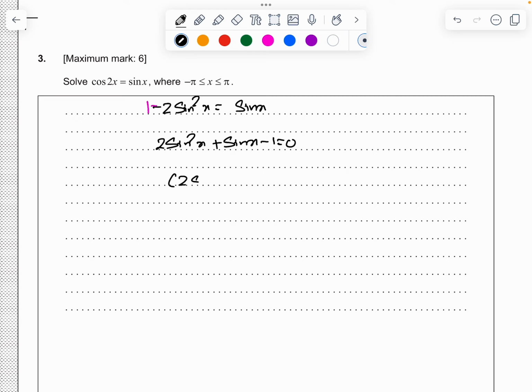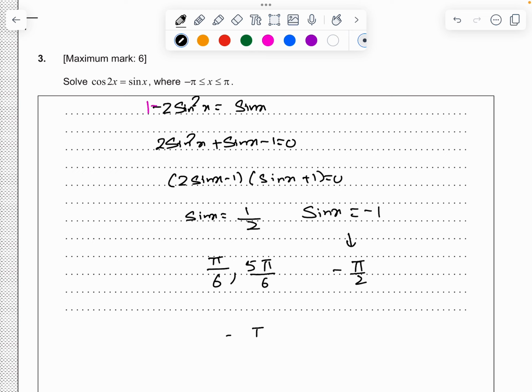Then factorize it out. (2 sin x - 1)(sin x + 1) equals 0. So sin x equals 1 upon 2 and sin x equals -1. This gives me pi by 6 and another angle is 5 pi by 6, whereas this gives me negative pi by 2. So my answers are only negative pi by 2, pi by 6 and 5 pi by 6.